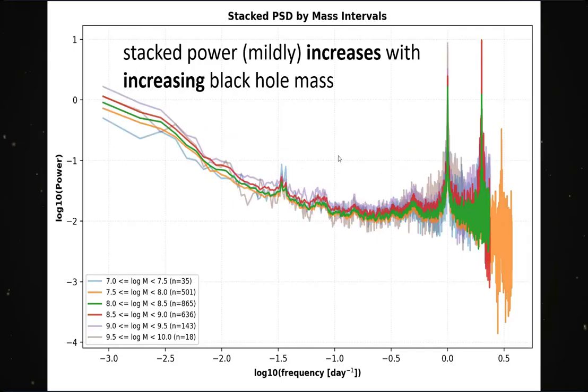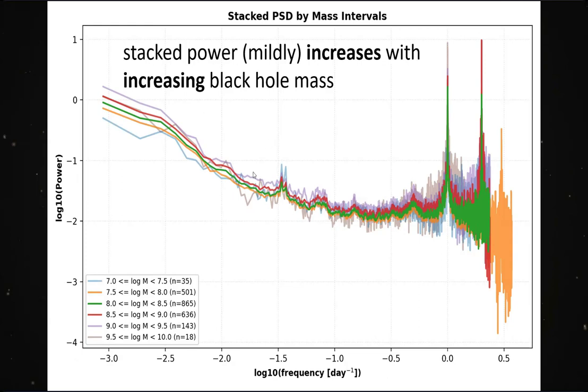Then here we have basically the same plot, but for the black hole mass bins, right? It's a little bit harder to see, but if you follow the pattern in which the mass increases, that goes from top to bottom in this graph. So blue, yellow, red, and so on.